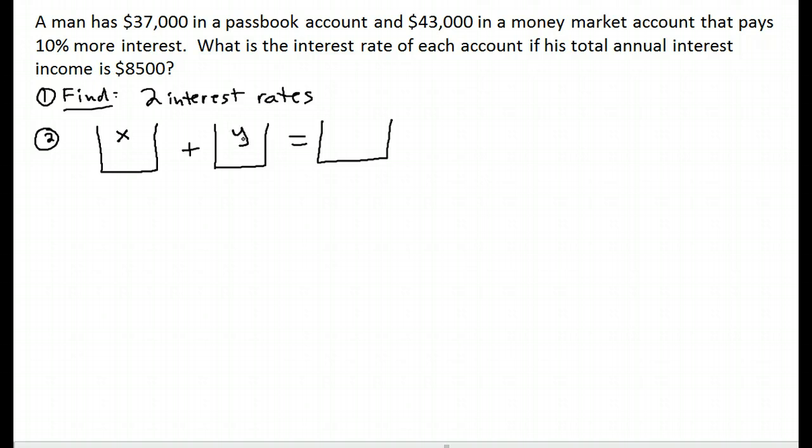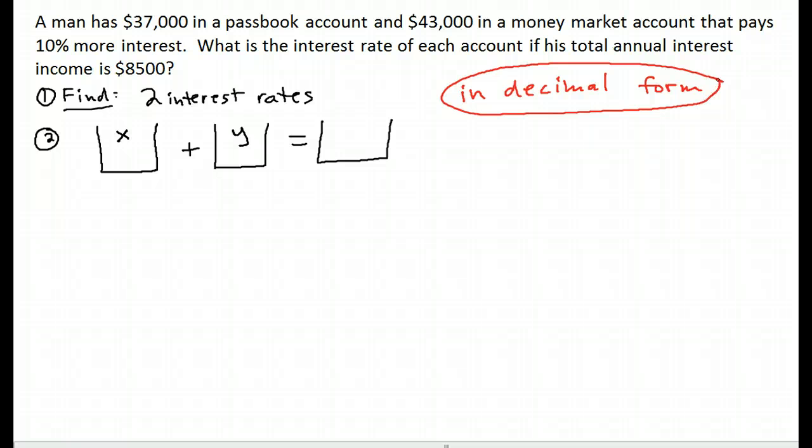Those are my unknowns. You do need to realize that they are in decimal form. A variable cannot be a percent. So whenever you have to put a rate or a percent into an equation, you need to realize that both of these variables, when I find out what x and y are, are going to be decimals.